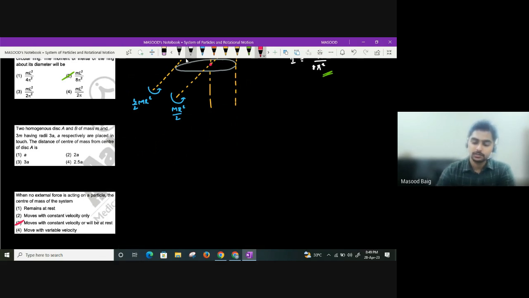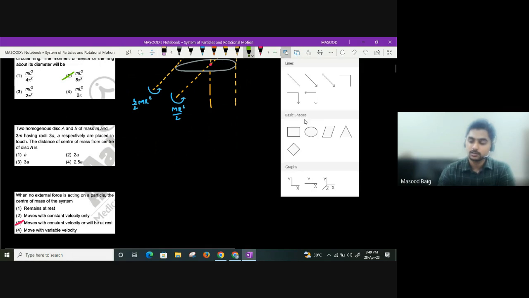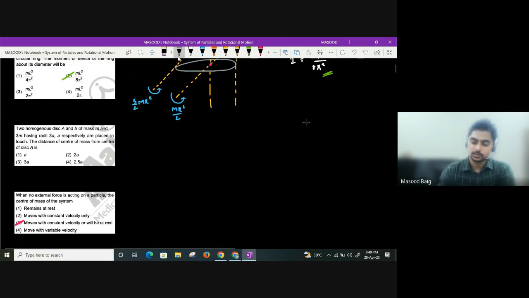Now they have given us two homogeneous disks of mass m and 3m, which have radius 3a and a respectively, placed in touch. They are asking the distance of the center of mass from disk A. This is one of the disks whose mass is m, radius is 3a.